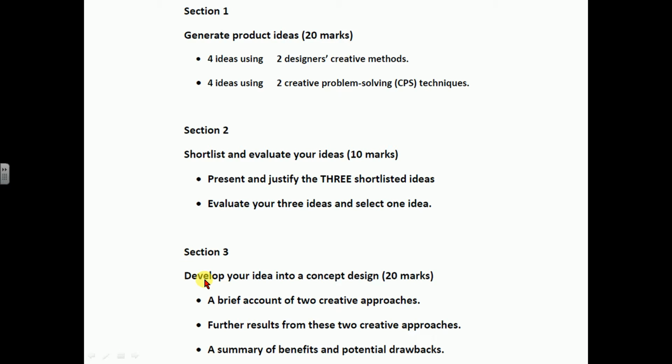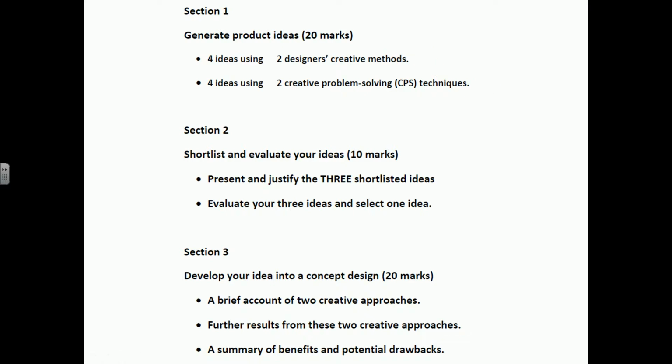Section 3 is a kind of reflection, going back to the techniques that you used to generate ideas. You choose the 2 best, most successful methods and techniques.